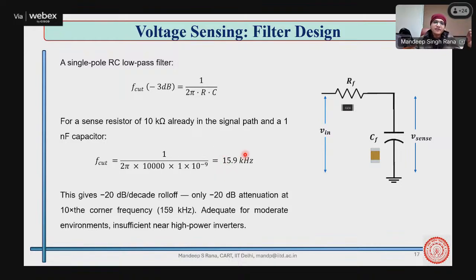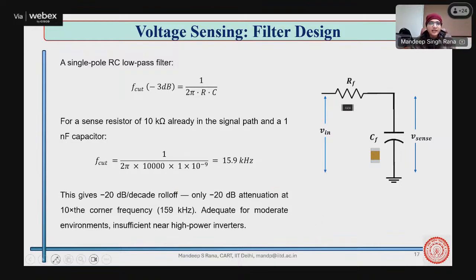As I was telling earlier, it should be even lower. It should be something like 5 kilohertz, 4 kilohertz. Those numbers are more practical. But what does it mean if suppose I have 15.9 kilohertz as the cutoff? It means that if I make it 10 times, which is like 159 kilohertz, I will have a minus 20 dB attenuation. Minus 20 dB attenuation means whatever signal I am giving, that signal becomes one tenth of the value.